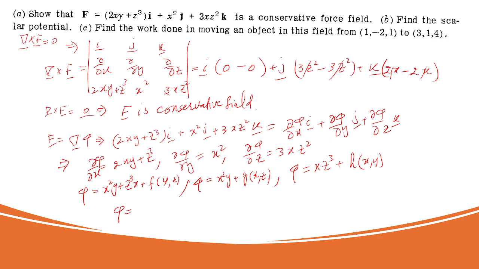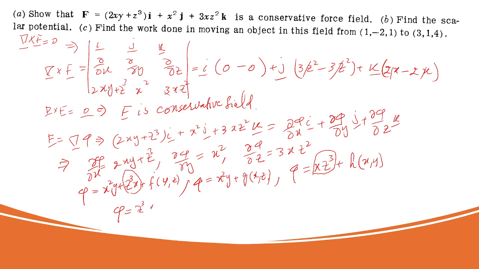Here, a function of x and z. You see over here, this is a function of x and z, and similarly this is also a function of x and z. So write that function, x z cube.